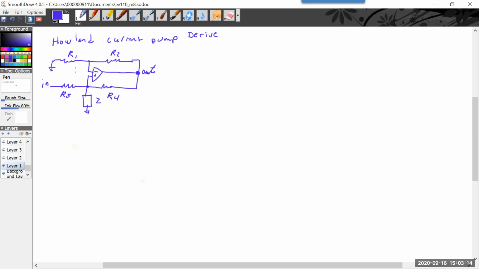So the Howland current pump uses negative feedback, where we have a current coming back from V out and through voltage division affects this V in negative. But we also have a positive feedback, and it can be a little bit difficult to understand or a little bit difficult to derive it if you don't recognize certain things.